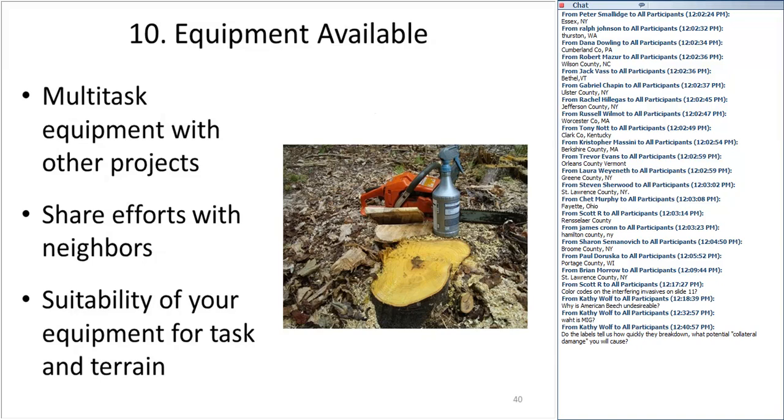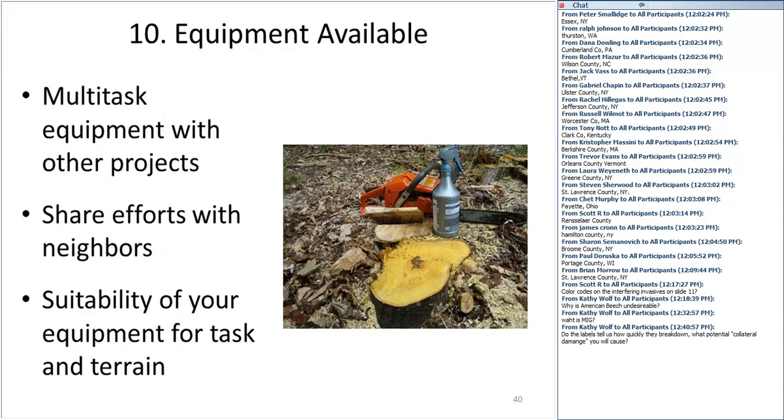And then finally, considering the equipment that's available. It may be that you as a landowner, or your consulting forester, industrial forester or service forester working with landowners, have certain types of equipment. They may just have a chainsaw, or they have a tractor with a brush hog. Maybe there are physical limitations to the types of equipment that they can use, or that they're willing to use.